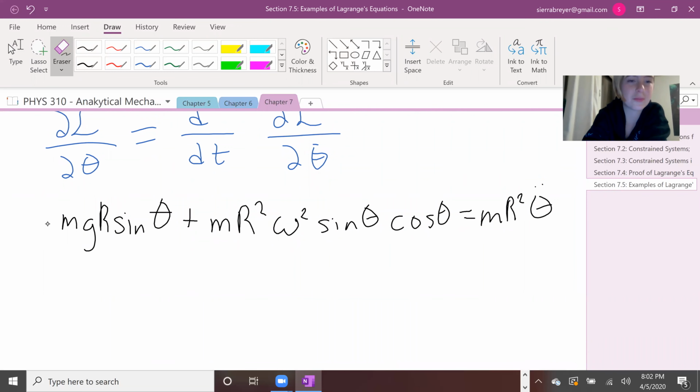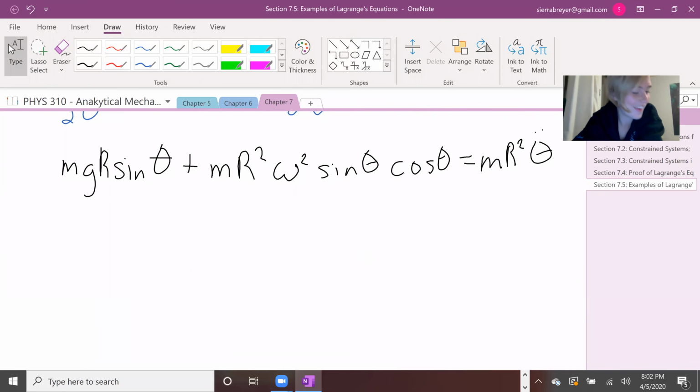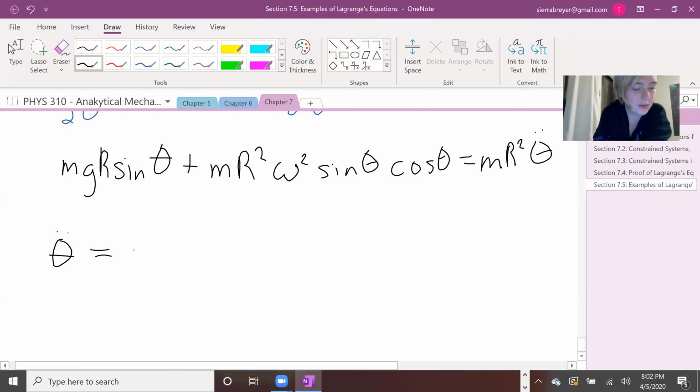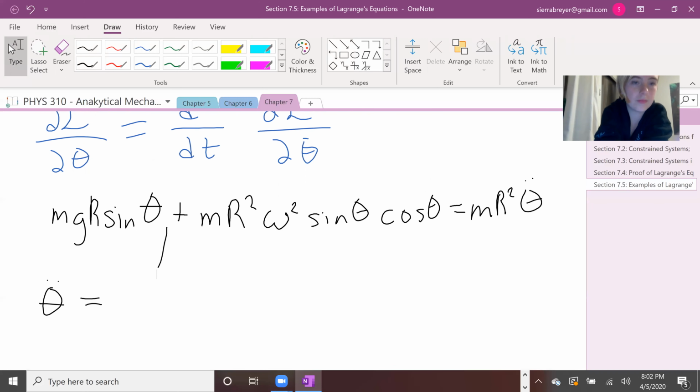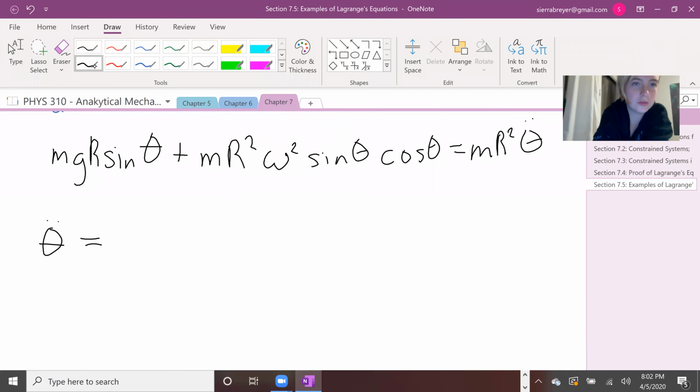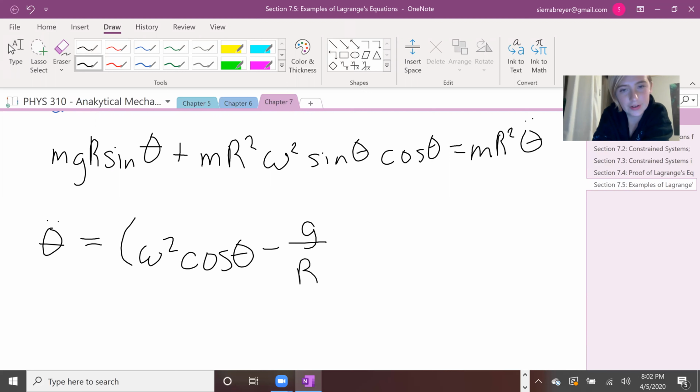For convenience's sake, I'm going to not have that plus sign in front of it, but we all know how that got there. So now I'm going to solve for theta dot dot. Theta dot dot is going to be equal to omega squared times cosine theta minus g over r, times sine theta.